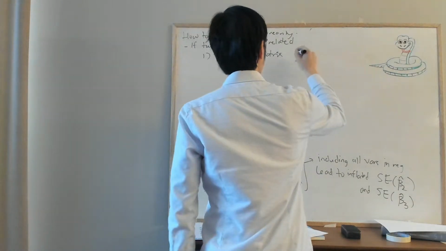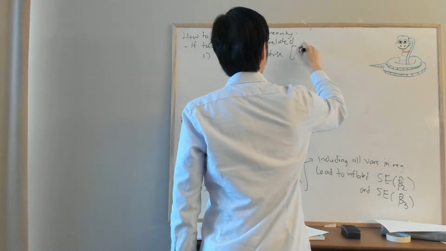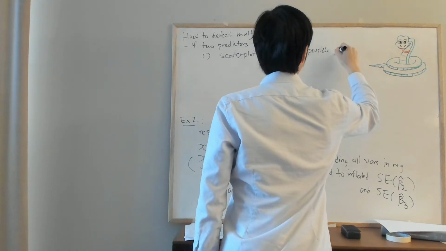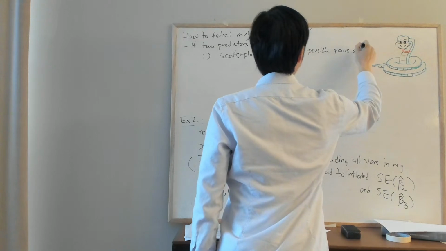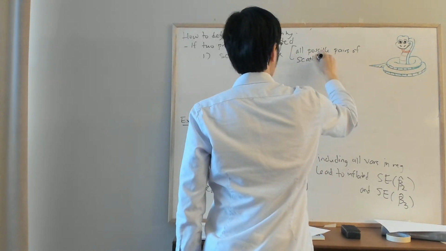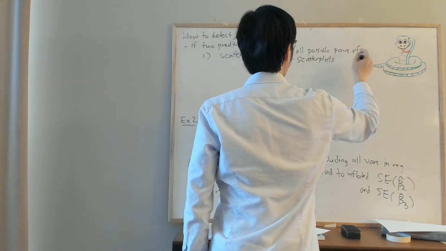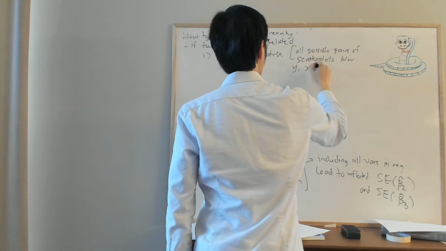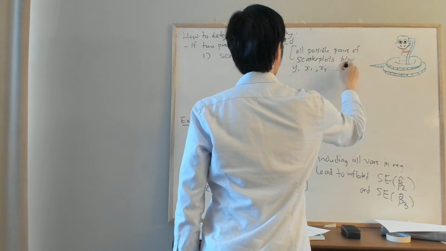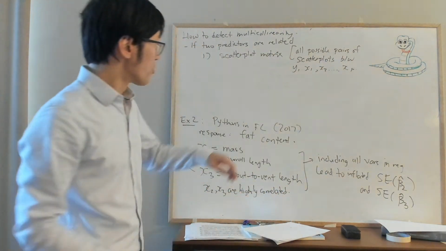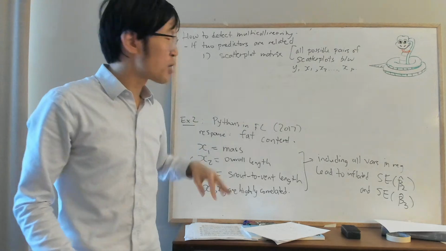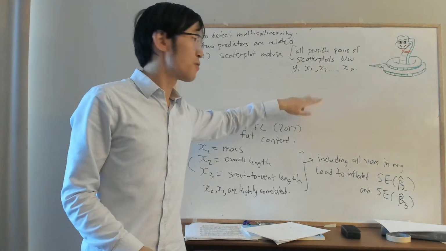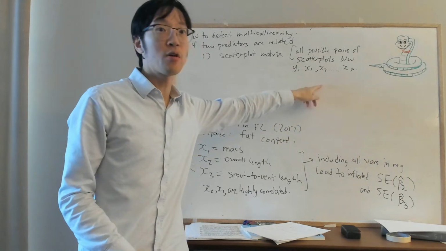So what this means is all possible pairs of scatter plots. Usually we plot the response and then all the predictors. I mean, we've already seen examples of scatter plots where we plot the response against, let's say, the first predictor, the response against the second predictor, and so on.